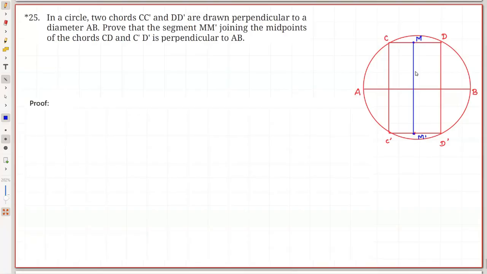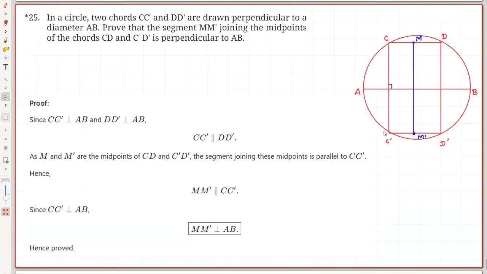To prove MM dash is perpendicular to AB, it has to form 90 degrees. According to the given question, CD is perpendicular to AB, so this is 90 degrees, given in the question. And C dash D dash is also 90 degrees, given in the question. So we have to prove MM dash forms 90 degrees.